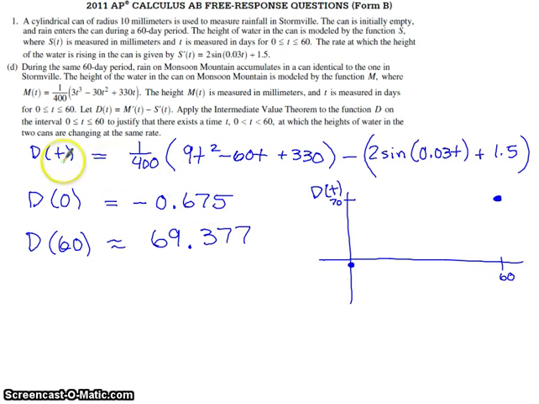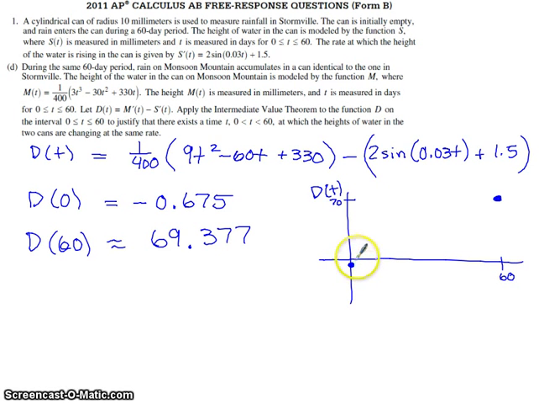So is D(t) continuous? That's the next question. Well, since this is the rate of change of the height of water in one can, and that rate is always going to be defined, and this is the rate of change of the height of water in the other can, and this rate is always going to be defined, yes, D(t) is continuous on this interval, and there's no way to get from this point to this point with a continuous graph unless we cross 0, which is a value intermediate to this y value and this y value at least once in between.